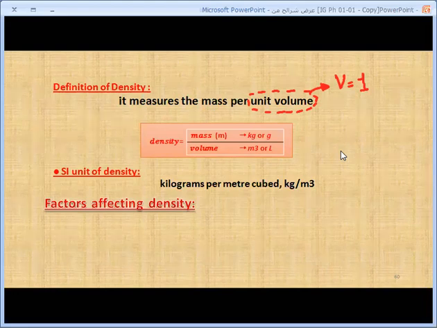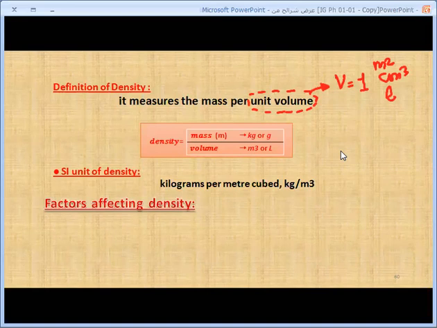The most important thing is to talk about 1. 1 unit volume: 1 cubic meter, 1 cubic centimeter, 1 liter, as you want. So the density is the mass per unit volume, or we can say it's the mass of unit volume.